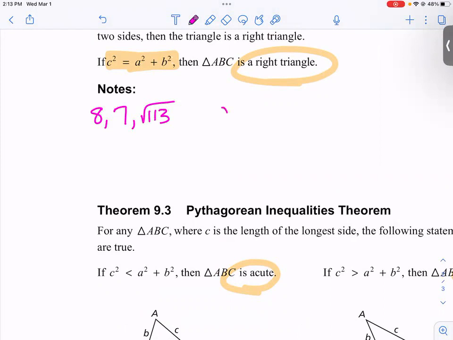Okay, so when we do a squared plus b squared equals c squared, we have 8 squared plus 7 squared equals radical 113 squared. Okay, so help me out. What is 64 plus 49? And what is the square root of 113 squared? 113.